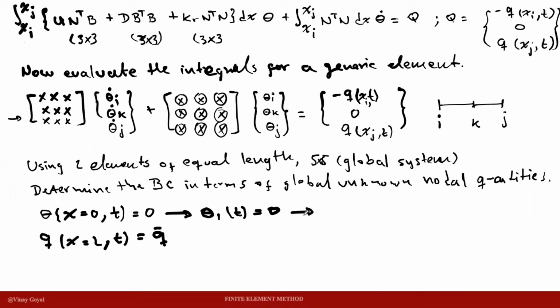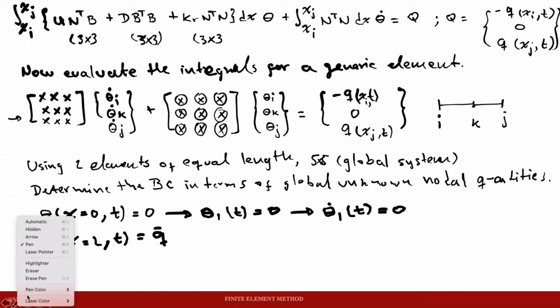If theta 1 of t is equal to 0, the derivative with respect to time is also 0. Okay?